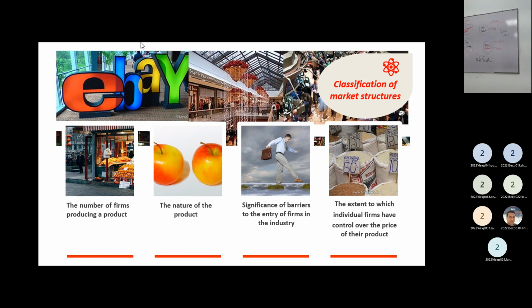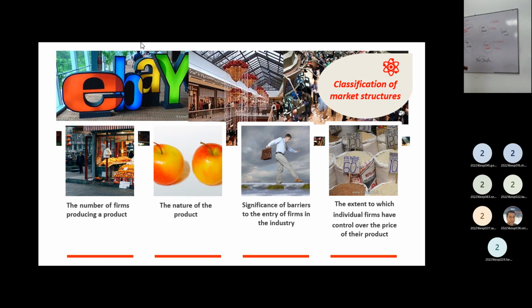Differentiation, even salons. What are the examples for salons? By looking at a particular bride, we can identify which salon this bride belongs to. So that kind of differentiation is there. And this is the other one, Dialog and Mobitel. Those are some of the examples. We'll see how we can analyze that part. Clear? So this is the second criteria that we could use, based on the nature of the product.